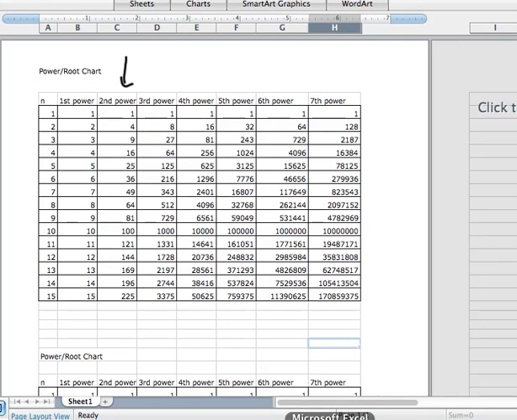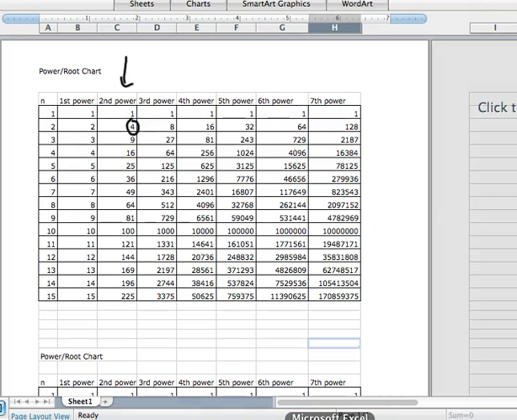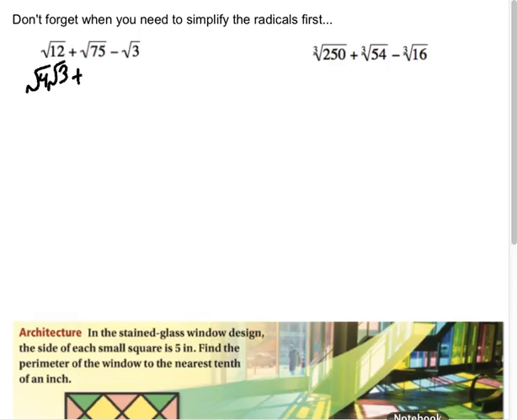12 is divisible by 4, so I break that 12 up into 4 and 3. That's 75. Well, again, looking at my chart, 75 can break up using 25. So it breaks up into 25 and 3, and then that 3 doesn't really have to do anything. That square root of 3, I don't need to pull anything out of it.